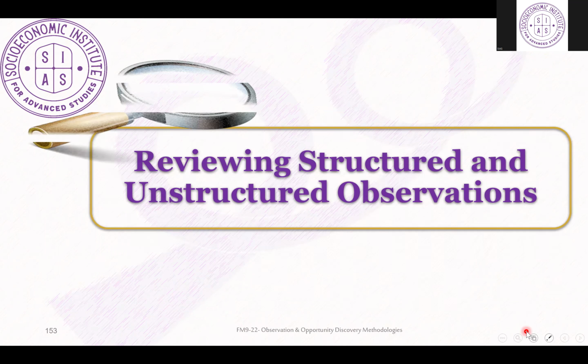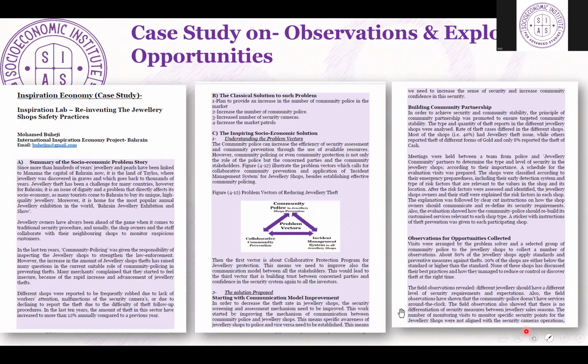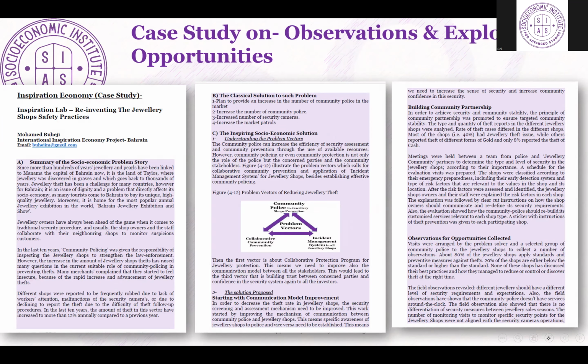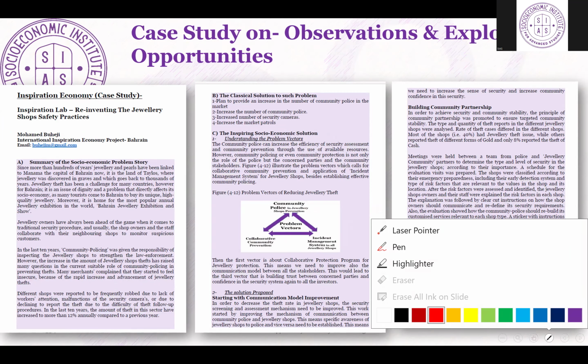In this course, we really understood the importance of doing case studies that are full of observation. And for that, each case study, as you can see, like in the case, for example, of jewelry shops safety practices, when we describe a story, we are describing the possibilities that are brought by the observation.